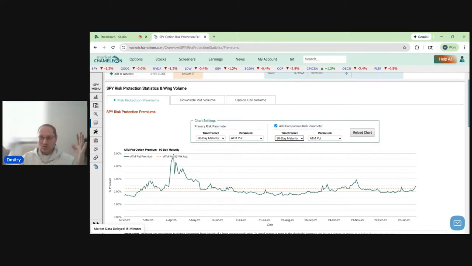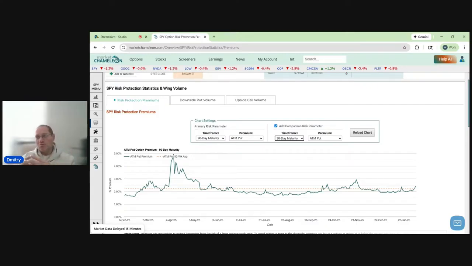If on a relative basis the 90-day put is staying stable and the 30-day put is increasing, if the cost of that insurance is increasing and the 90-day isn't, then the relative cost to buy the 90 and sell the 30, on the net debit, would be cheaper. It would be more expensive if the 90-day was increasing on a relative basis historically, while the 30-day is decreasing or staying the same. So how much right now would that time spread cost?